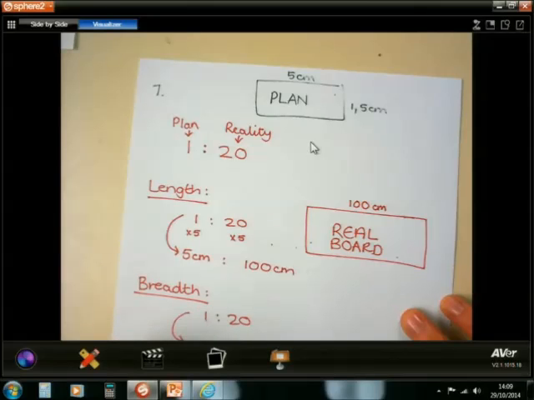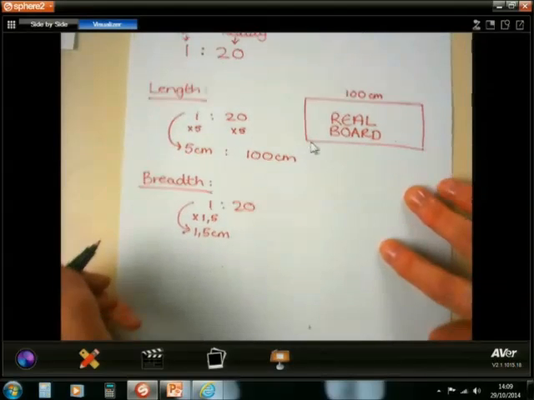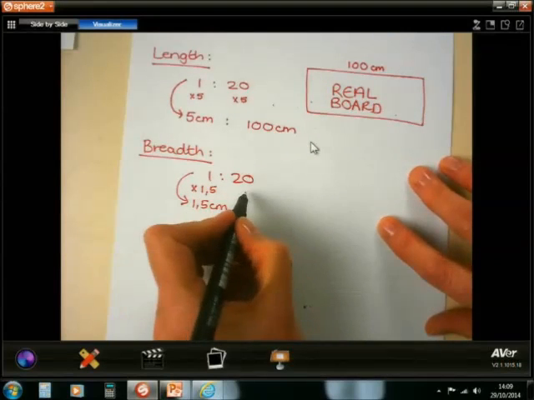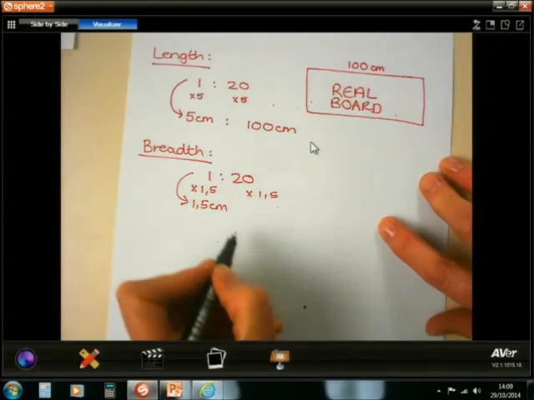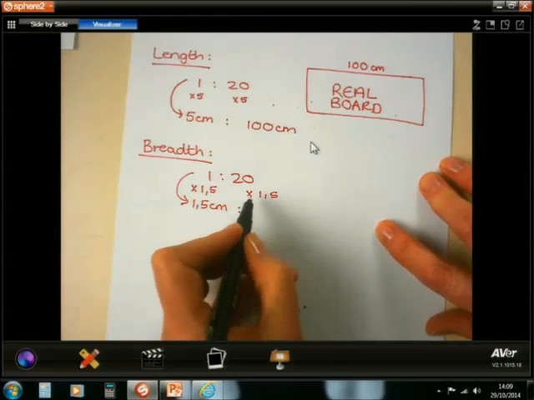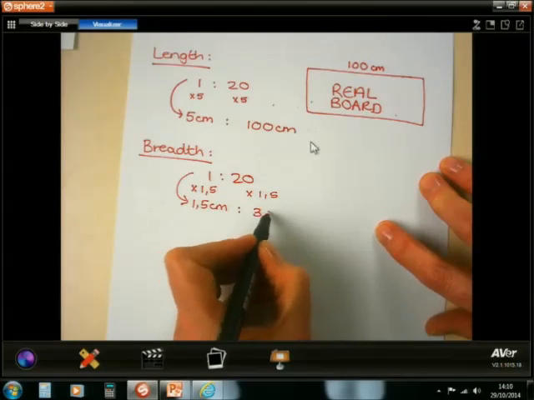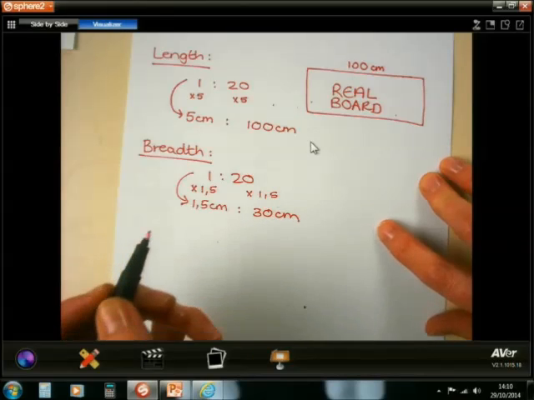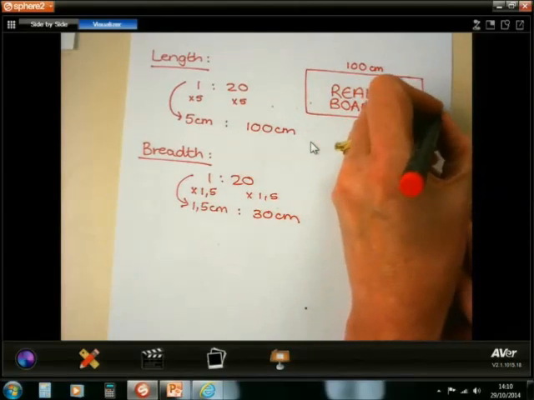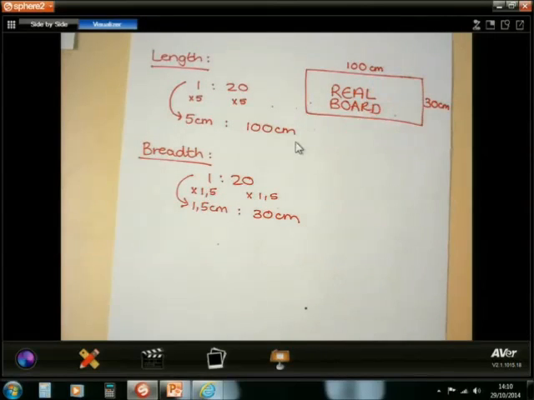There we have to multiply by, yes, 1,5. And if we do it on that side, we must multiply by 1,5 on this side. And then we're going to get, what will be the answer here? Yes, at least somebody's awake over there. That's good. It's 30 centimeters here. Now keep that in mind, because now I want to go back to my question and show you.